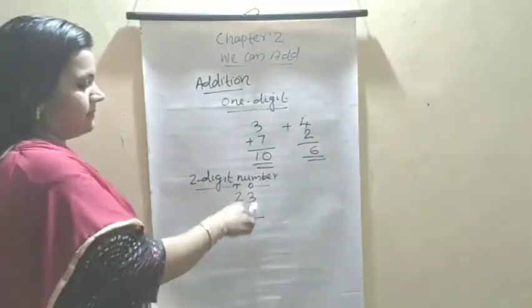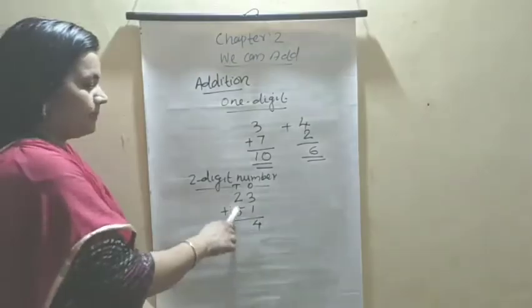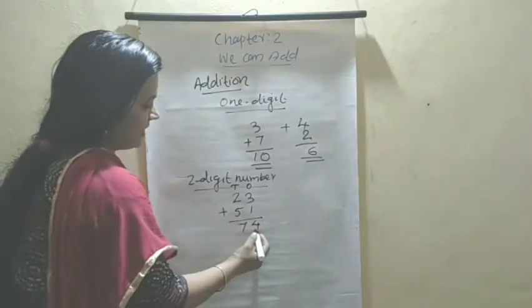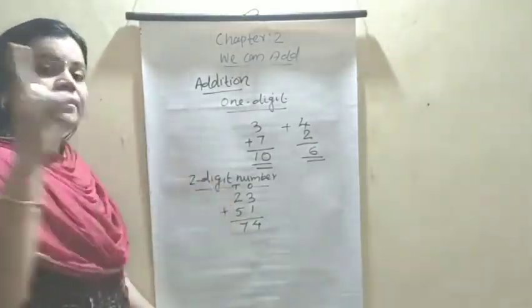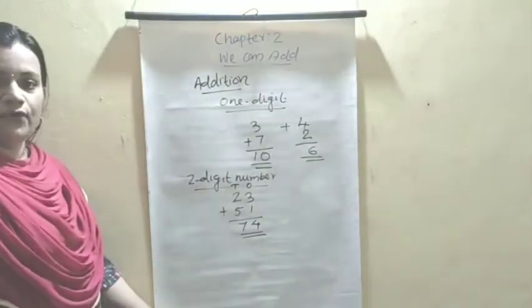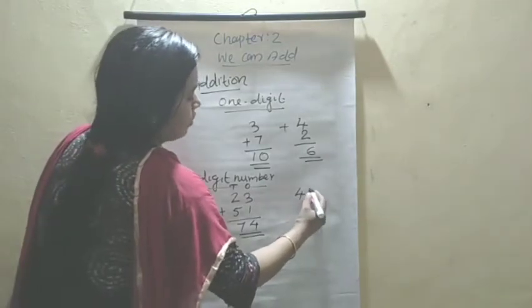Then add these two numbers. 1 plus 3, 4. 5 plus 2, 7. Take 2 fingers, then count after 5: 6, 7. You got what? 74.